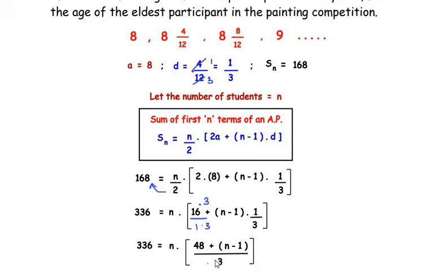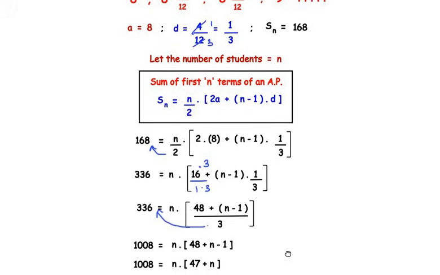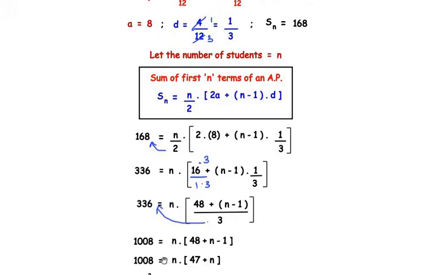Now let us take this denominator to the other side of the equal to sign so that it multiplies with 336, giving us 1008 is equal to n times 48 plus n minus 1. Now simplifying it further, we get 1008 is equal to n times, now 48 minus 1 gives us 47 plus n. Now let us expand this bracket.